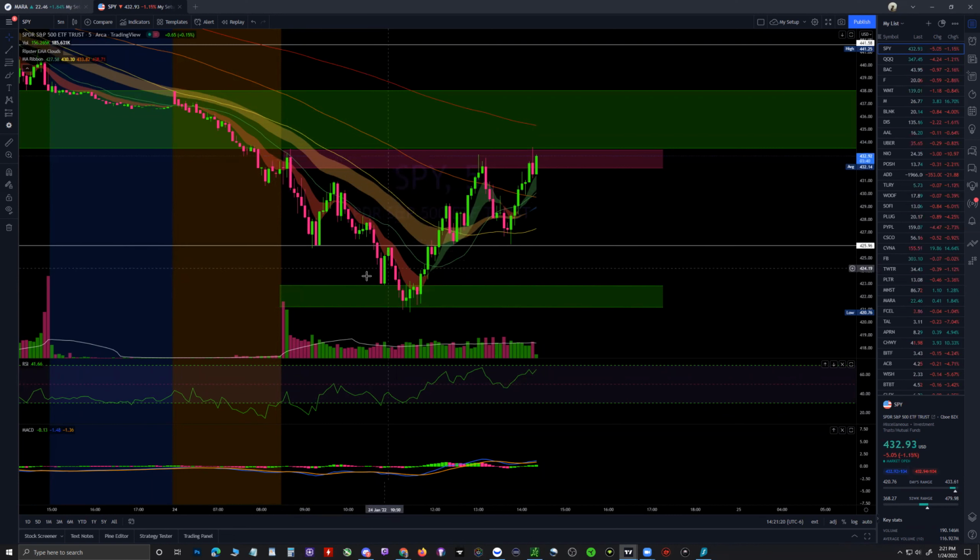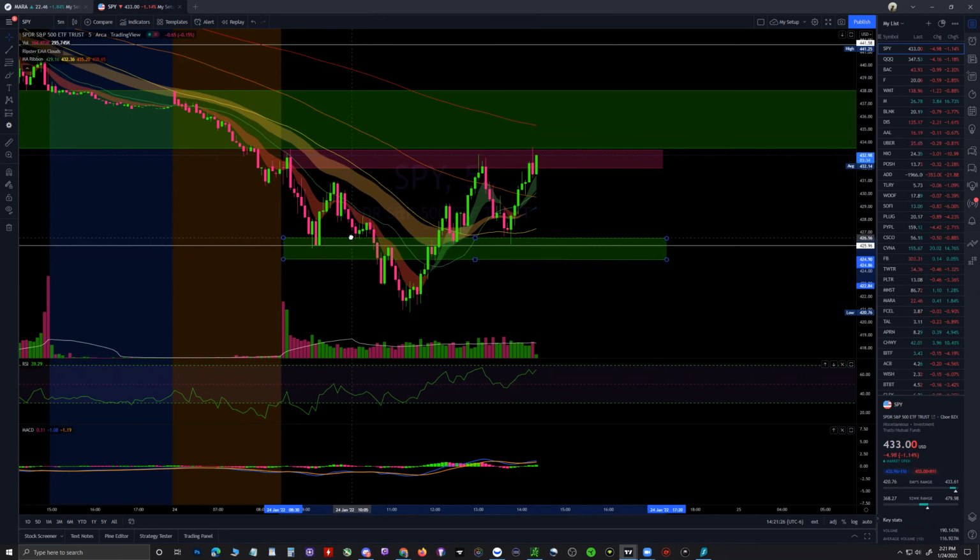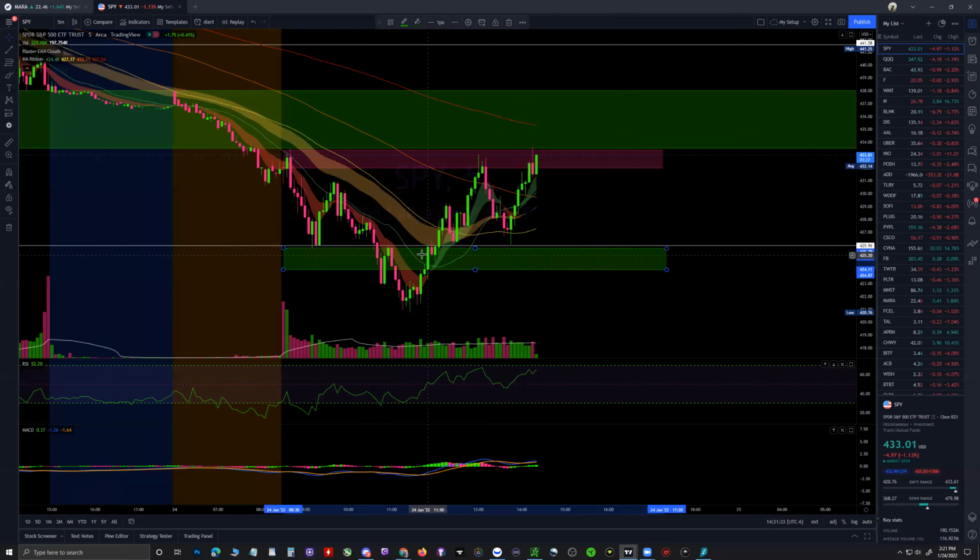I originally thought that this demand zone was going to be right around here. No, right here. But it wasn't. It actually pushed past it. So my timing was a little bit off on that first SPY call that we made. It ended up working out because it pushed past, but it also lost almost 70% on the way.